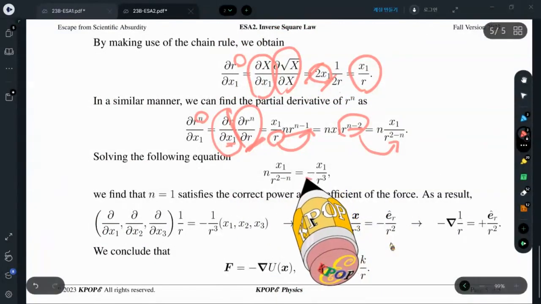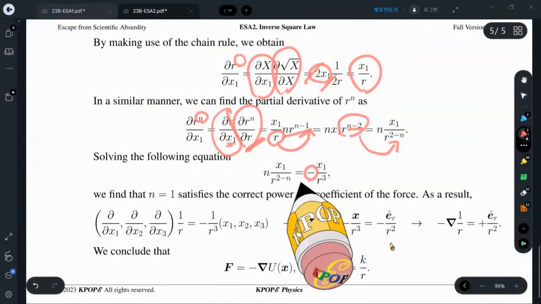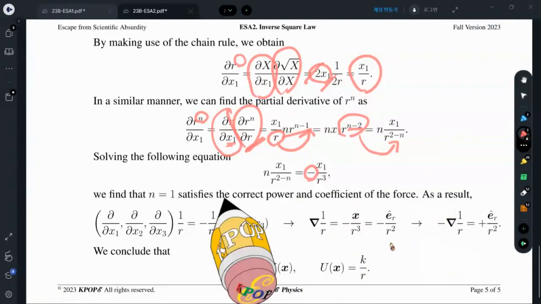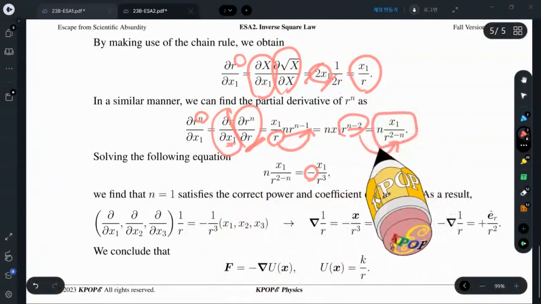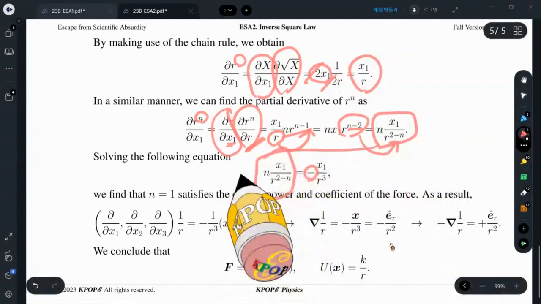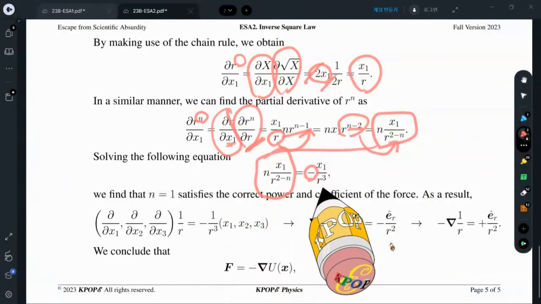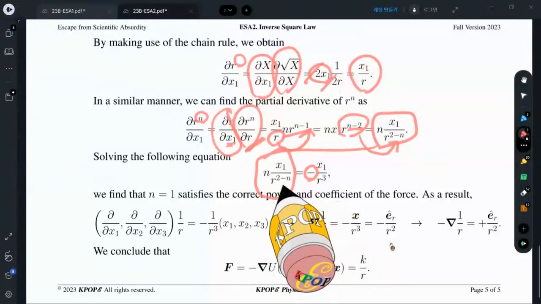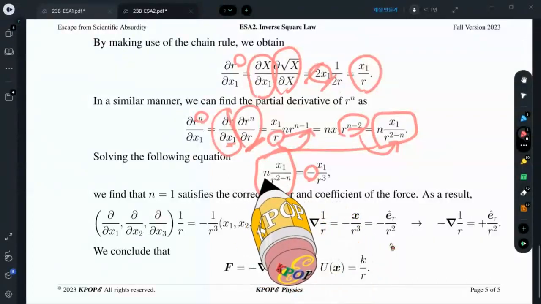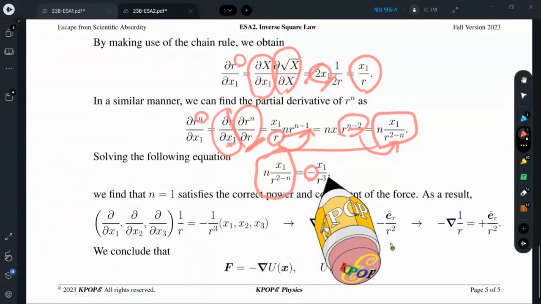The reason why I have put this negative sign, you will find soon. I just copy this one in here. I'd like to identify this one as the same as this. Then what is the solution? If n equals minus 1, they are identical to each other.